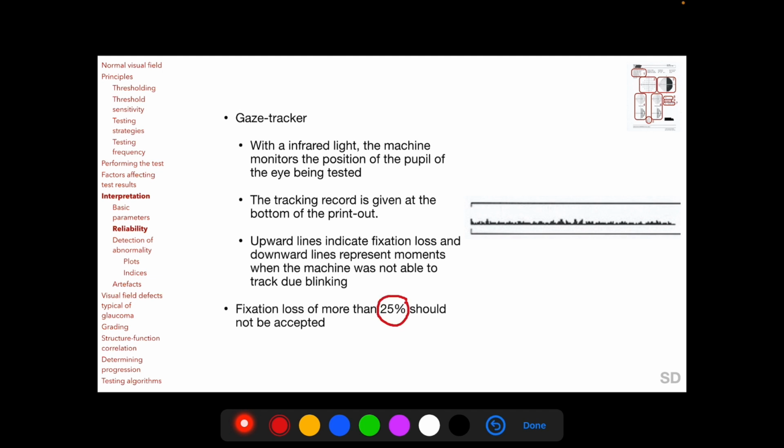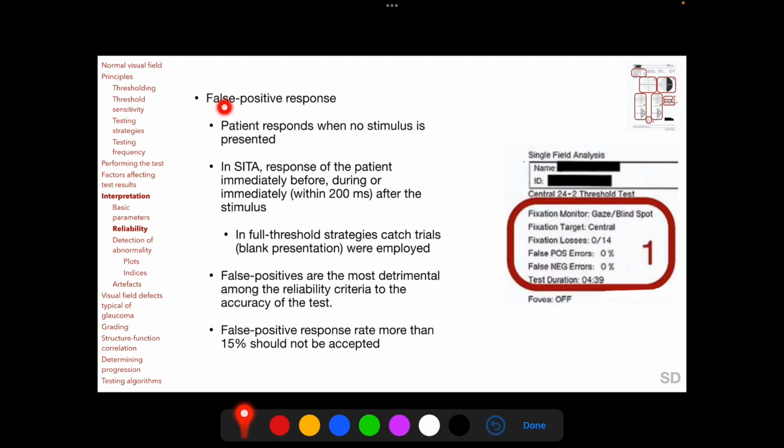A response is said to be false positive when the patient presses on the clicker without perceiving any stimulus. In the current generation of SITA testing algorithms, if the patient responds immediately before, during, or immediately after the presentation of the stimulus, that is within 200 milliseconds of presentation of the stimulus, the response of the patient is considered to be false positive.